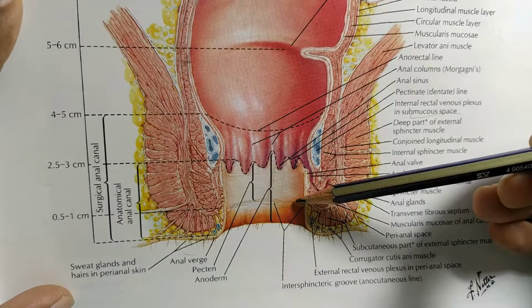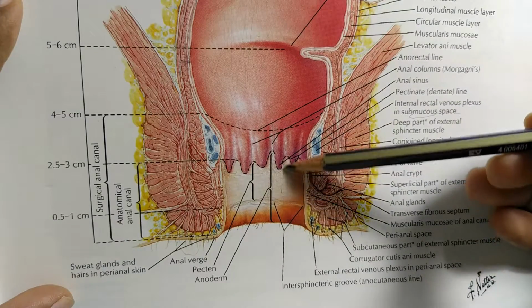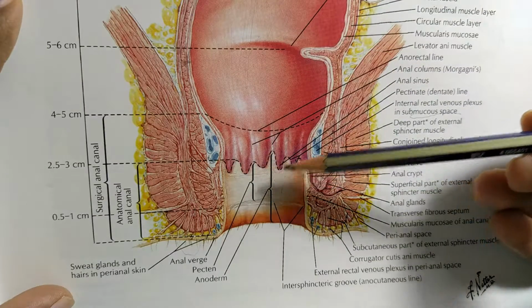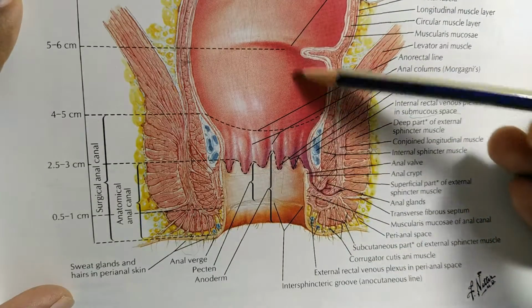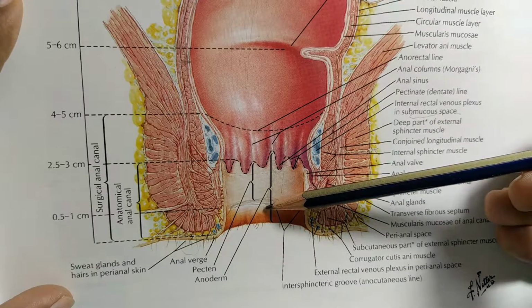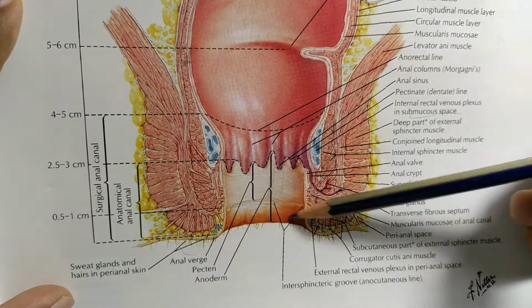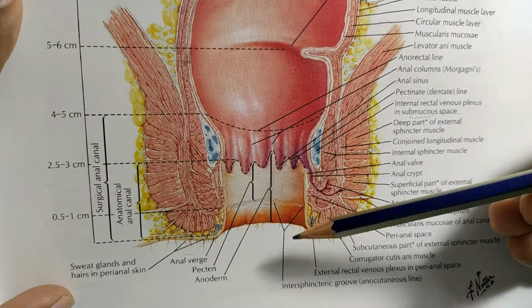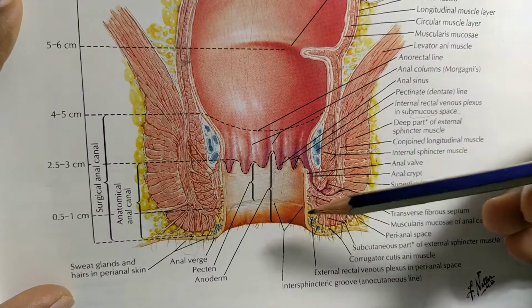So before the Hilton's white line, these structures are painless due to the autonomic nervous system. But after the Hilton's white line, this area will be supplied by the somatic nervous system, that is the pudendal nerve.